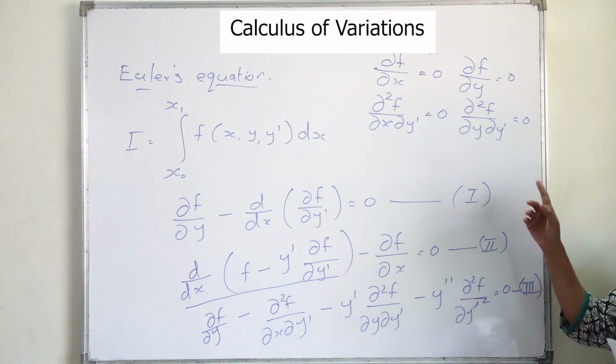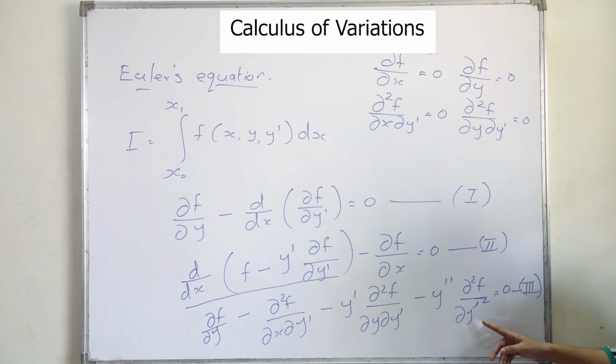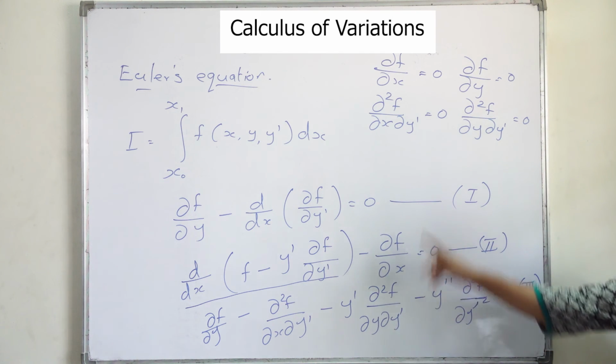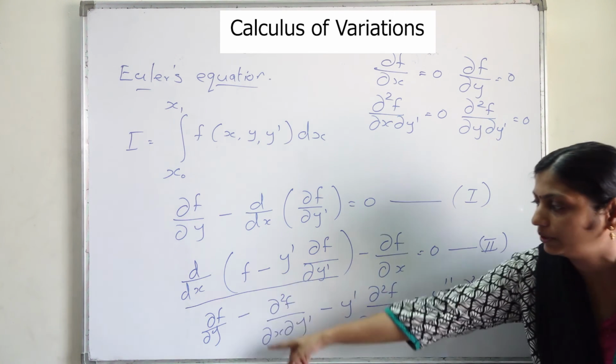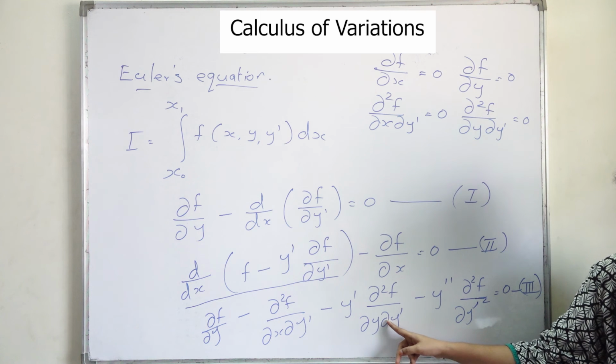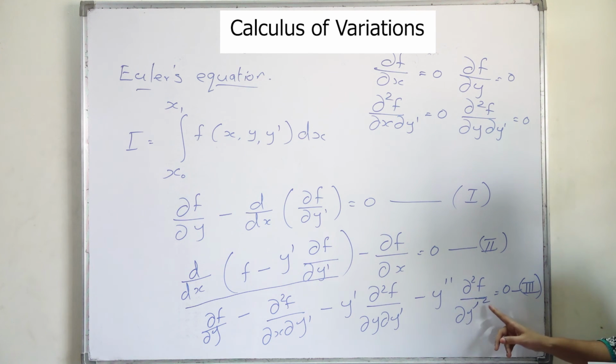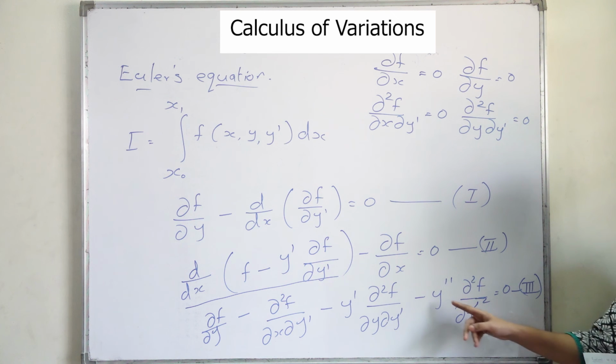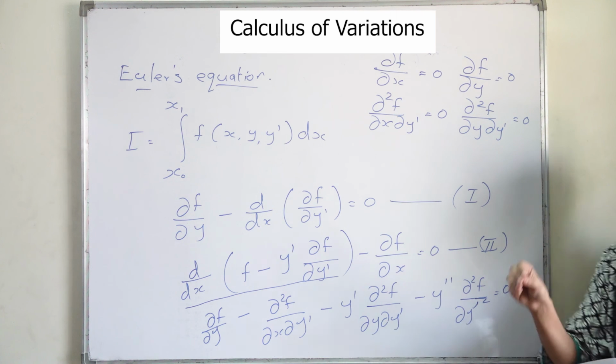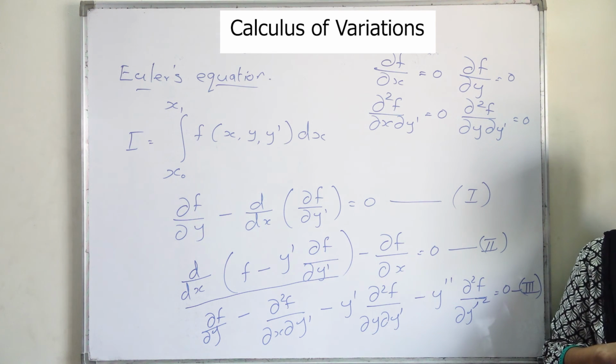So we can go to the third equation. In the third equation, all these terms become 0. We are left with y'' ∂²f/∂y'² is equal to 0. Again, by solving this particular equation, we can find the solution y is equal to y of x.